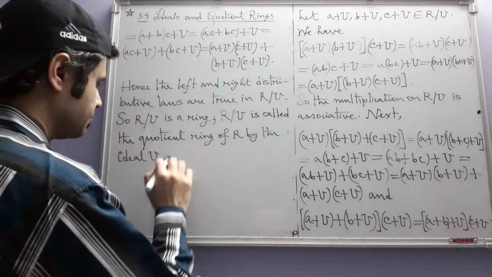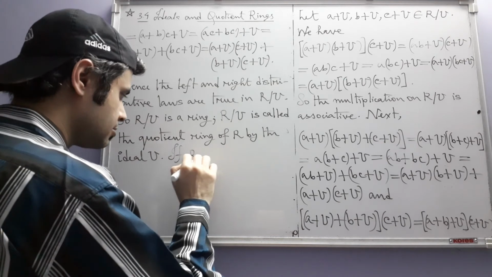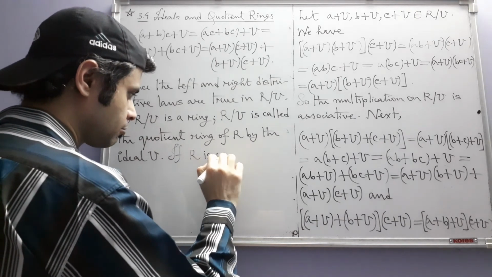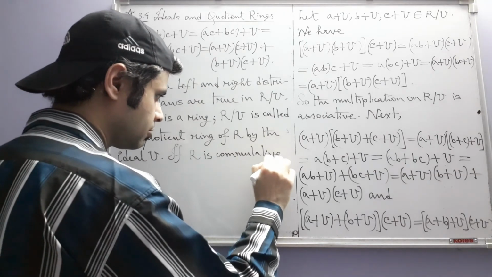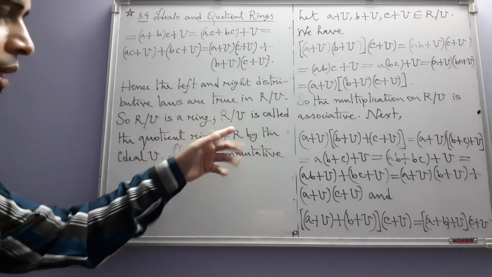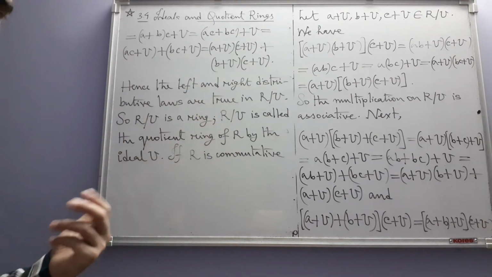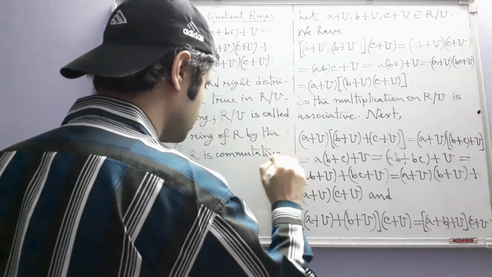Now come some conditions. Note that we have constructed the quotient ring for any ring R and any ideal U of R, but it may be the case that R is commutative.